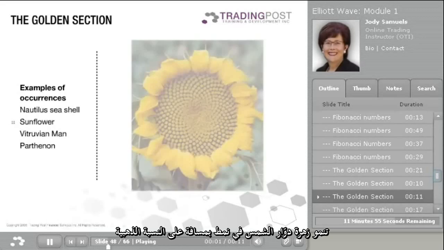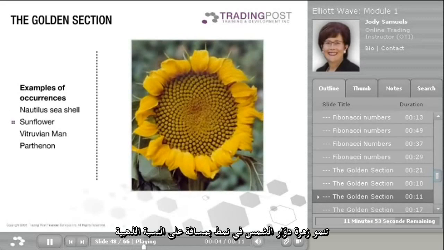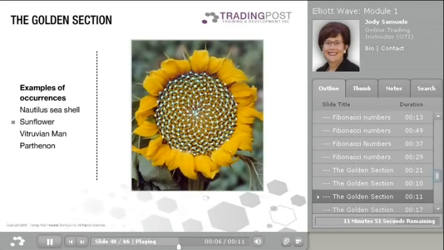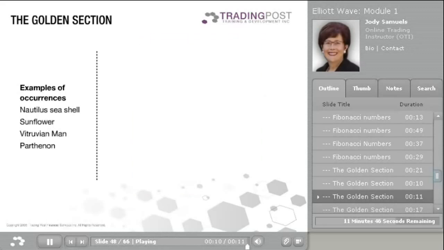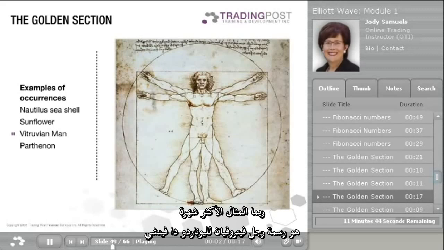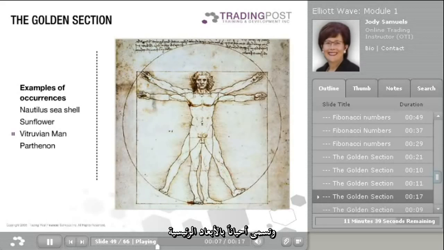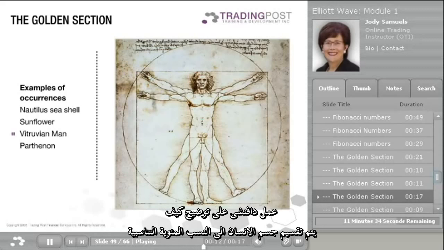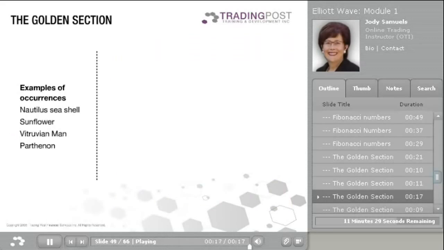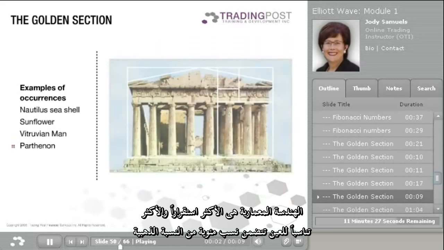In a sunflower, seeds grow in a pattern in distance of the golden ratio. Perhaps the most well-known example is the Vitruvian Man by Leonardo da Vinci. Sometimes called the Canon of Proportions, da Vinci's work illustrates how the human body is subdivided into proportionate percentages. In architecture, the most stable and most eye-pleasing structures incorporate golden ratio percentages.